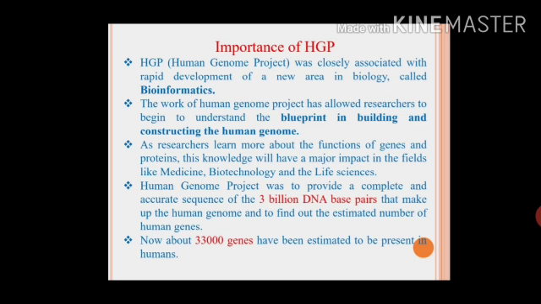The Human Genome Project was to provide a complete and accurate sequence of 3 billion DNA base pairs that make up the human genome and to find out the estimated number of human genes. Now, about 30,000 genes have been estimated to be present in humans.